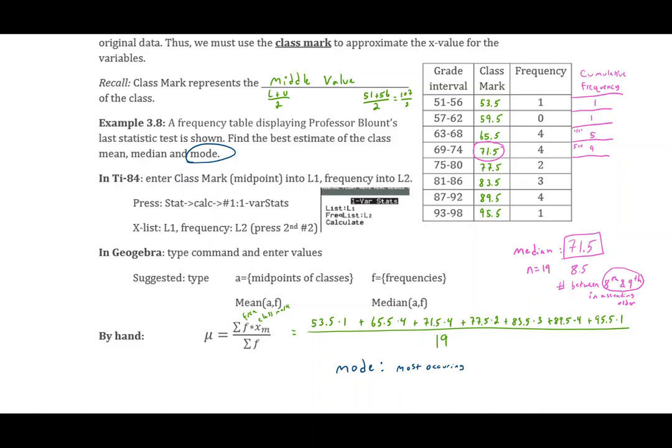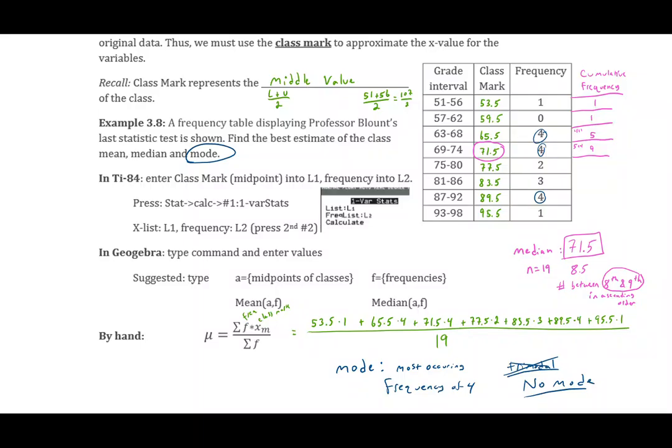In this case, we notice that there are 3 classes that have a frequency of 4. Since there are 3 different groups of data values that have a frequency of 4, we could call this trimodal, meaning that there are 3 modes, but I say that this one has no mode. There is no value that has the most frequent occurrence.